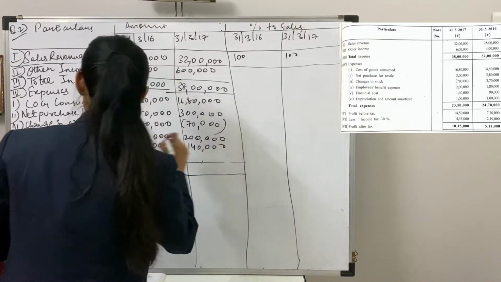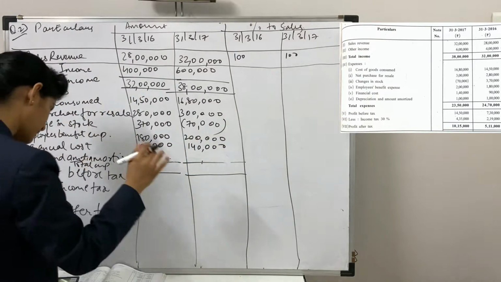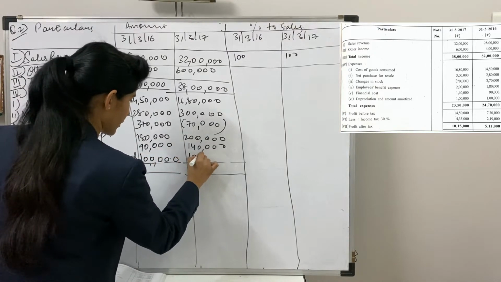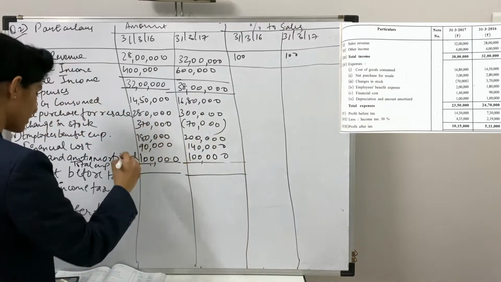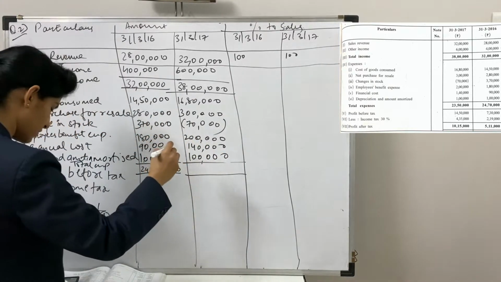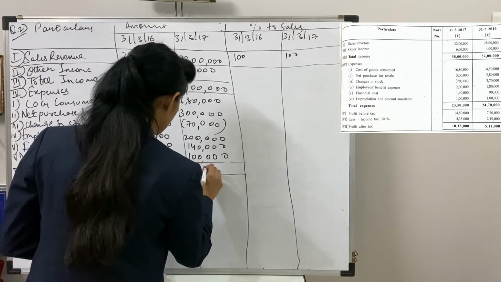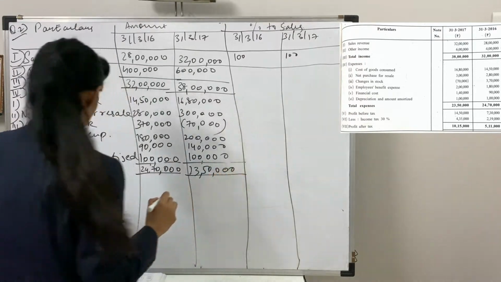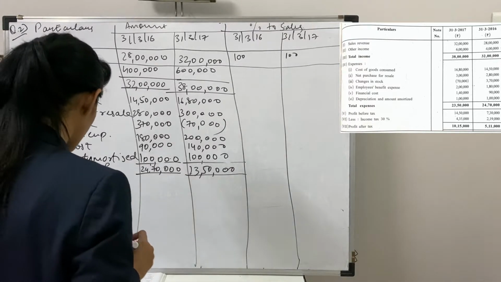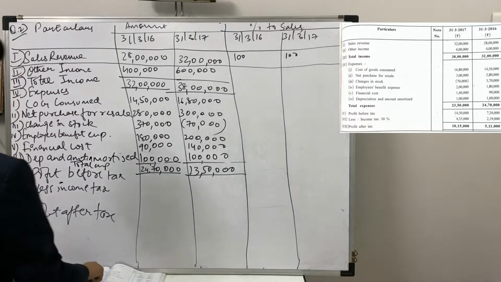And your depreciation and amortized amount is 1 lakh and 1 lakh. So your total will be 24 lakh 70,000 and 23 lakh 50,000.